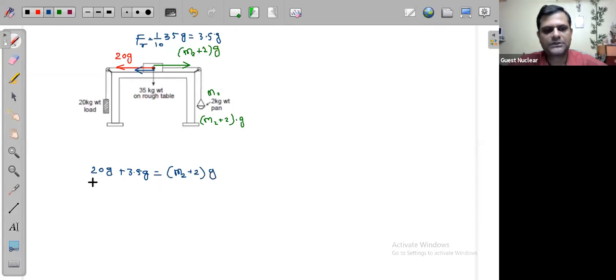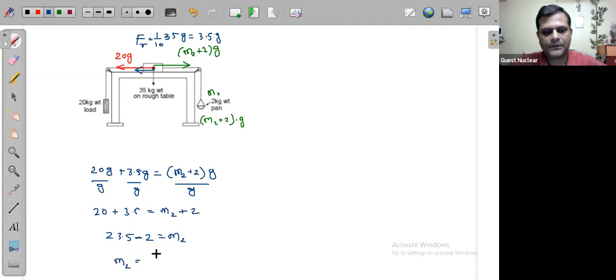So if we just cancel out g from all these terms by dividing by g, we can just get 20 plus 3.5 should be equal to m2 plus 2 simply, which means 23.5. So it is 23.5 minus 2 should be equal to m2 here. That means m2 is going to be obtained as 21.5 here.